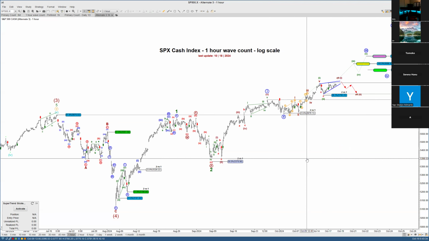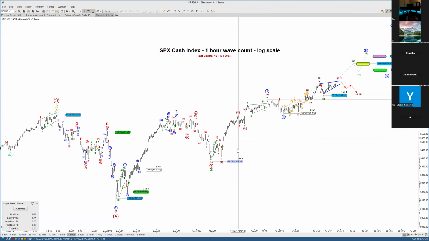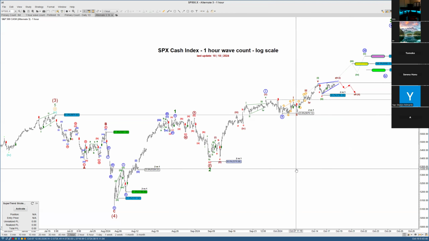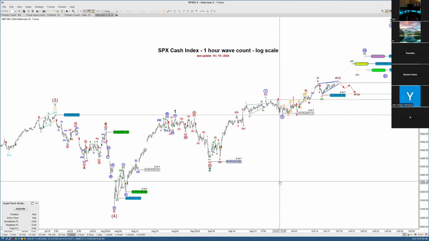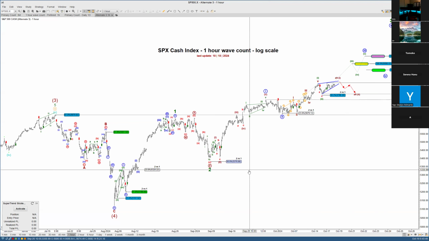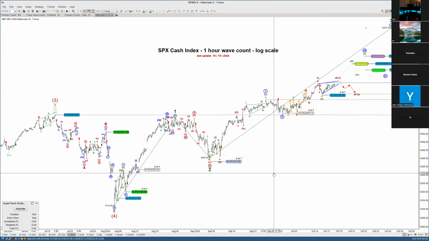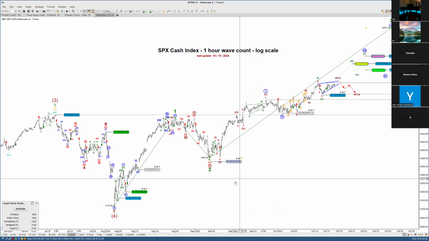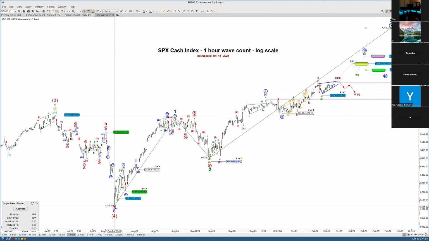So from here, I did this yesterday, I did the update. Here's the thing. Forget about all these smaller minute and sub-minute waves and all that stuff. Here's your August low that I was talking about right here.